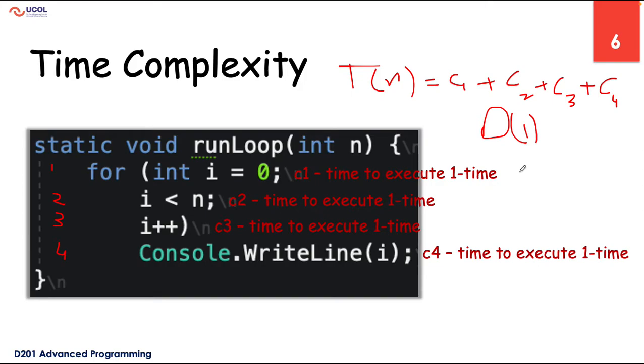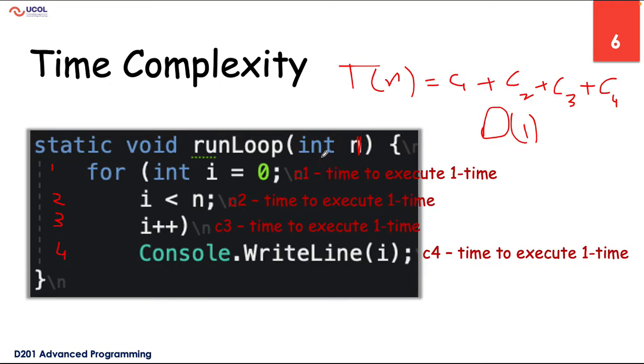So this is also considered much more efficient than the logarithmic as well, because it does not change with the size of the problem. But of course, I've just given you the example. If we have n equal to 1, it will run only one time and then it is fine. But this is not the case. This value can change, and if this value can change, it means these things need to change.